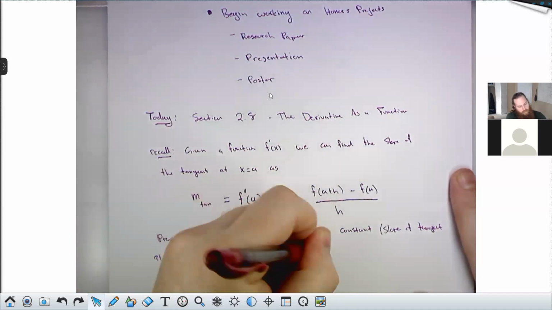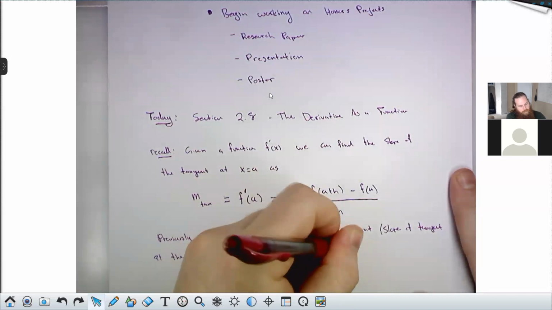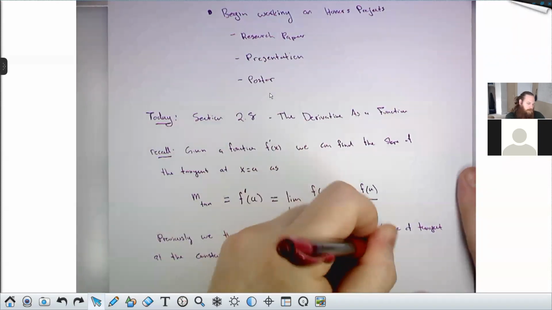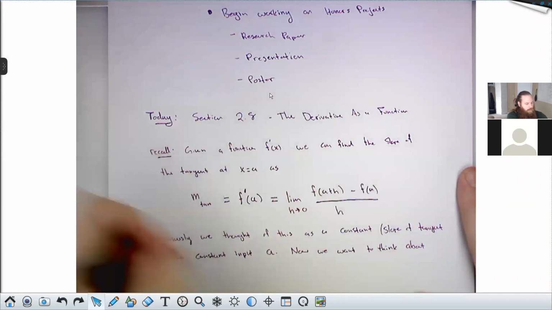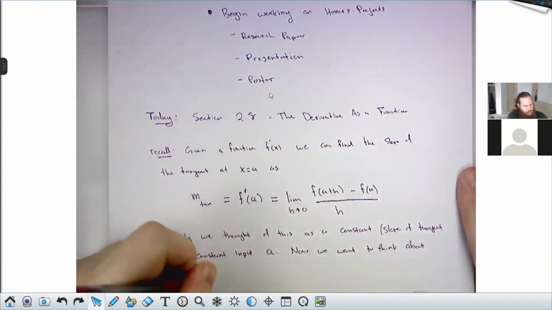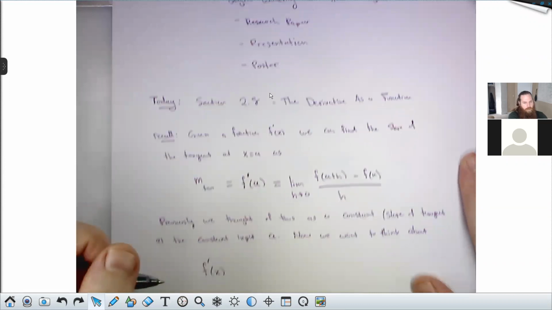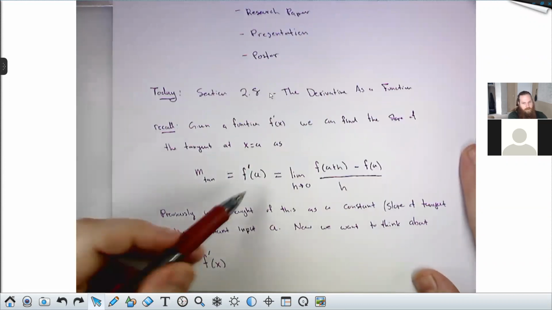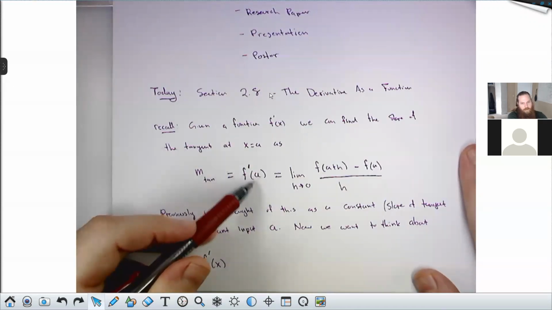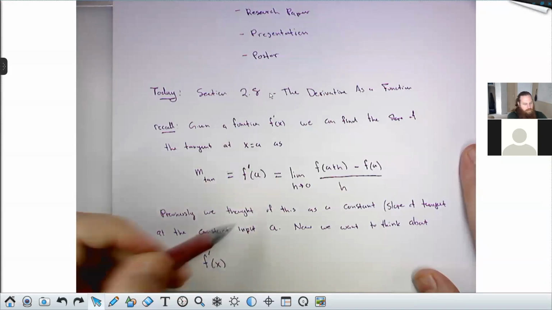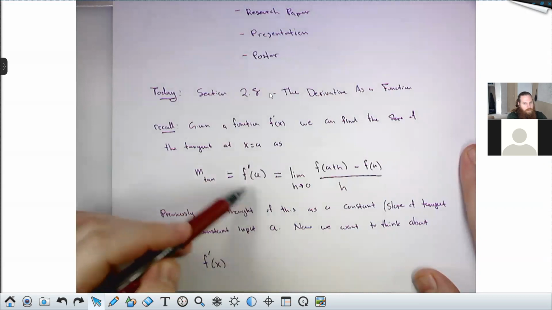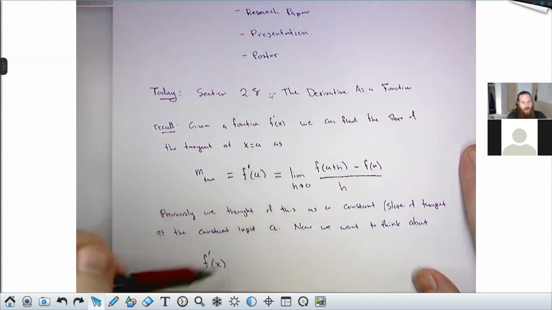Now we want to think about f prime of x. So I'm going to let the input go from being a constant to being a variable. I'm going to start thinking about, instead of one slope of a tangent line, all the slopes of the tangent lines.